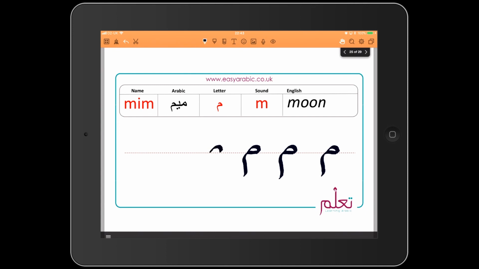Oh, that doesn't look very good. Let's try that again. Try again. One and two, and again one and two, m, as the letter m in moon.